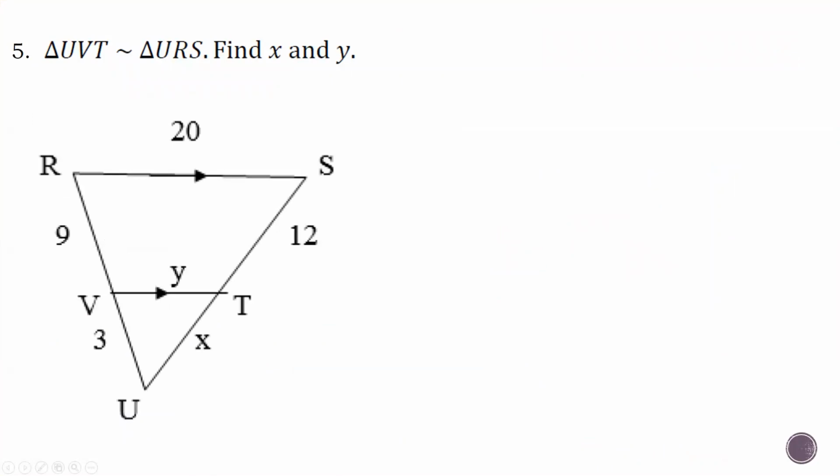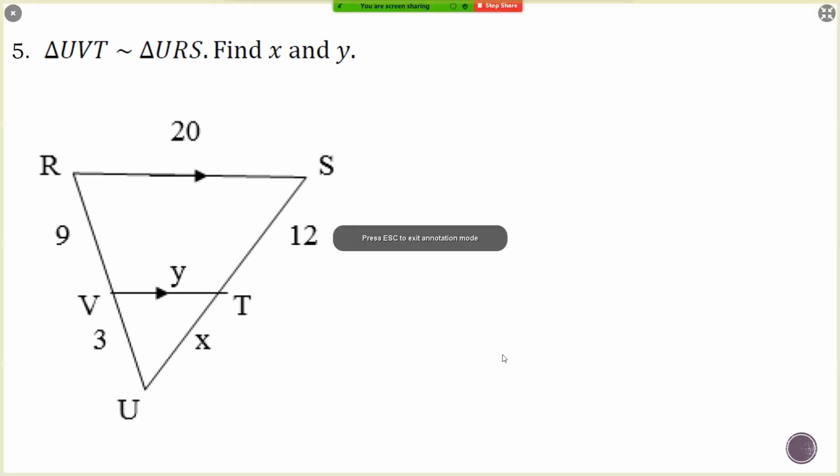Question number 5. We were told that the 2 triangles UVT and URS are similar, then we're being asked to find X and find Y. So to do this, I'm going to draw myself two separate triangles.